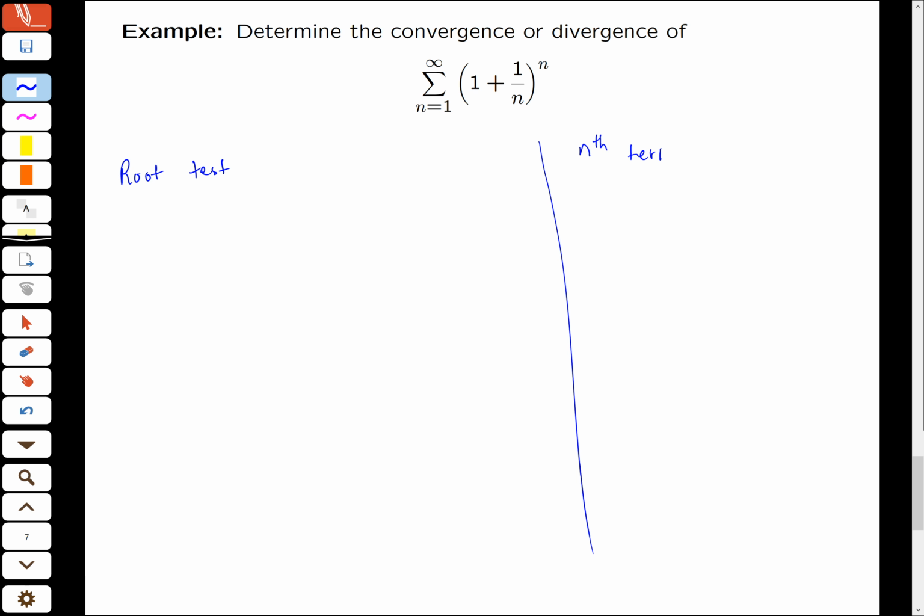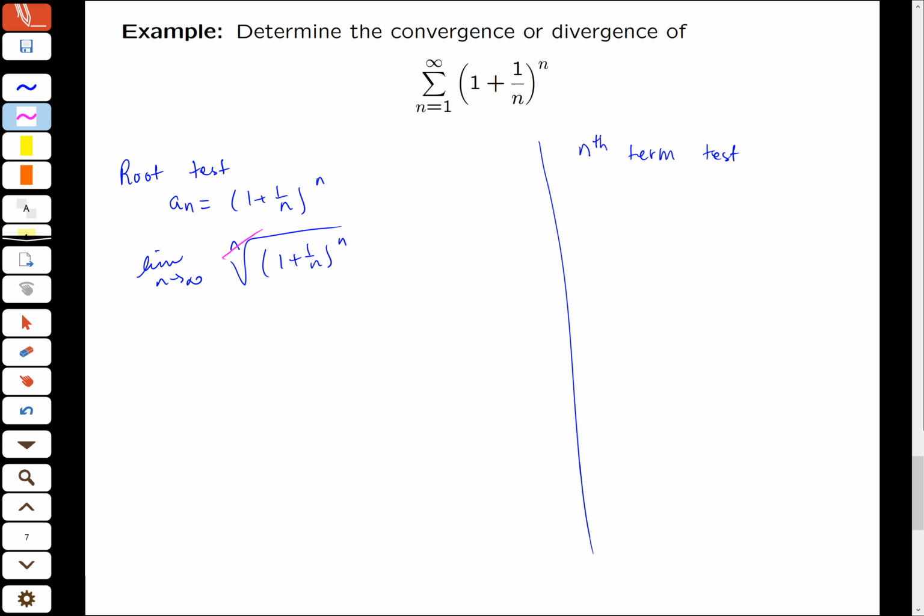So, for the root test, I know a_n is going to be (1 plus 1 over n) to the n. We take the limit as n goes to infinity of the nth root of (1 plus 1 over n) raised to the n. What happens to my powers?